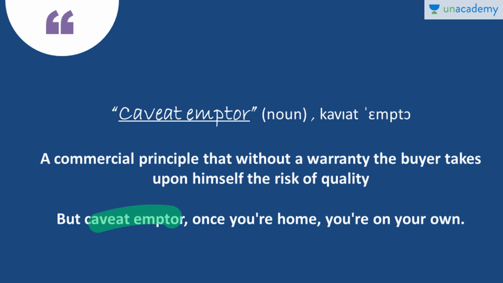That means without any warranty, if you are taking any product to your home, once you are home, you are on your own. You are taking the responsibility of its quality on your own, ensuring that whatever happens, I'll see to it, I'm okay with that. So you are taking that responsibility. That's how we use caveat emptor.